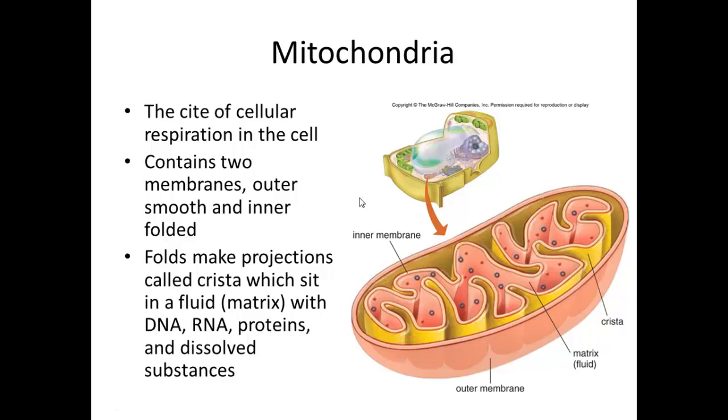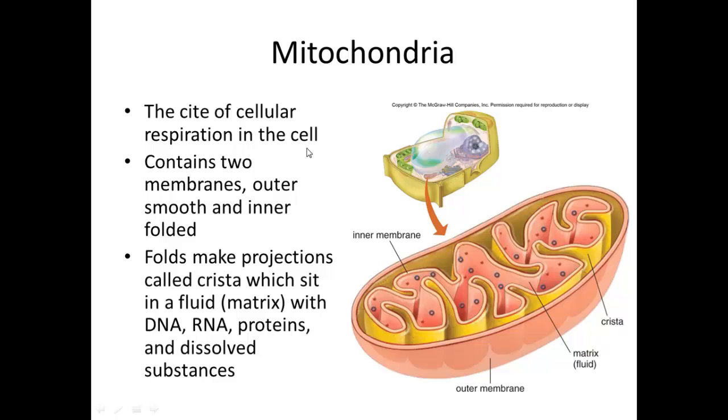Mitochondria are similar, almost in shape as well, except rather than having stacks, they have an inner membrane that is folded. And these folded membranes make projections, which are called crista or cristae. And this is where cellular respiration takes place.